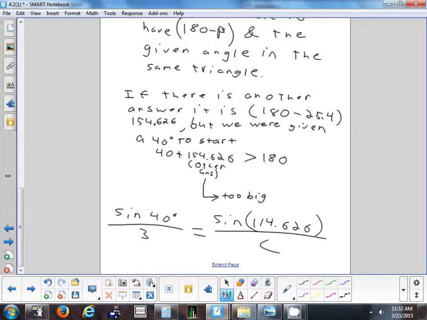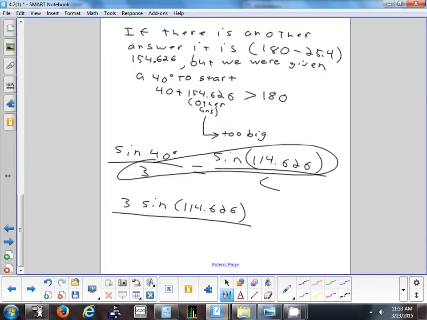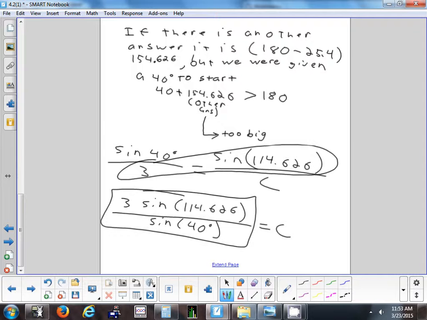The variable is not inside the trig function. It's in the bottom by itself. So just do your normal cross multiplying. So 3 sine 114 equals C sine 40, and then divide each side by sine 40. And that's C.